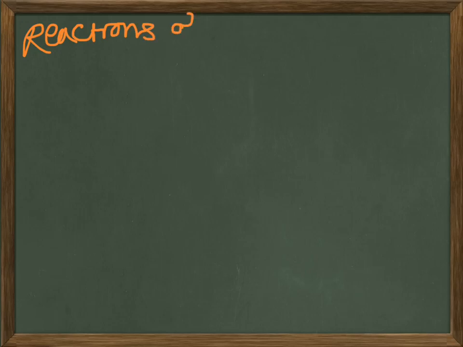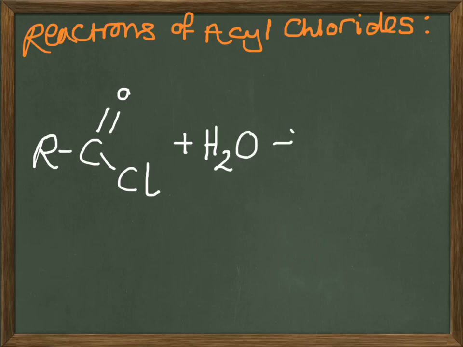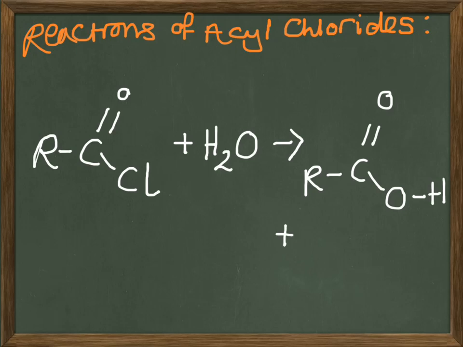Alright, so now we're going to move on to the reactions of acyl chlorides, acid chlorides. They are highly reactive. They're incredibly attractive to any nucleophile because we've got a nice planar environment and you've also got 2 electron withdrawing atoms on the carbon. If you react it with water, it will readily form the carboxylic acid back again.